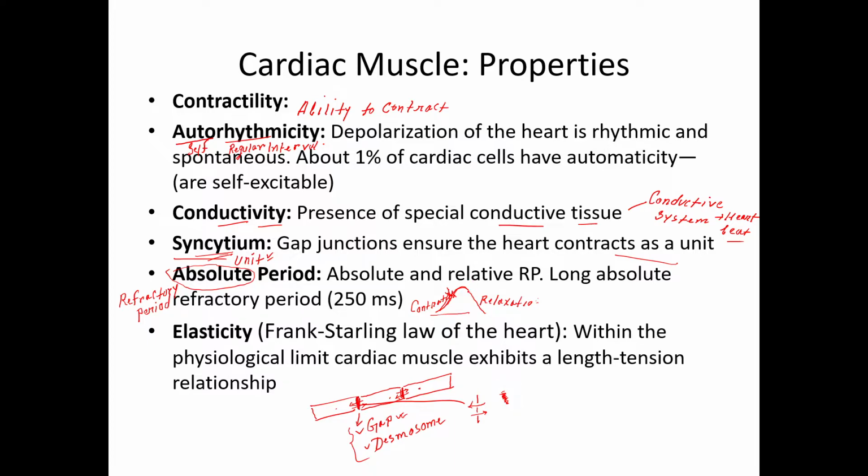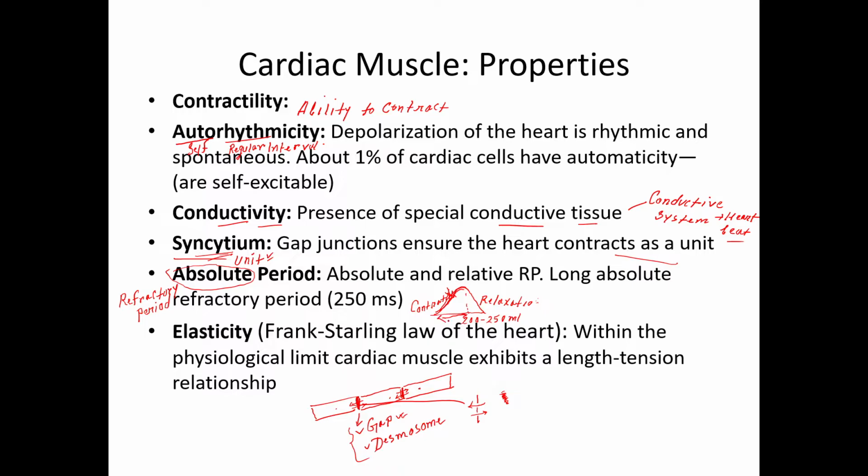Now, during the first 200 milliseconds, so if this is the whole cardiac cycle, that means contraction and relaxation, during the first 200 to 250 millisecond period, like this time here, this is 200 to 250 millisecond.